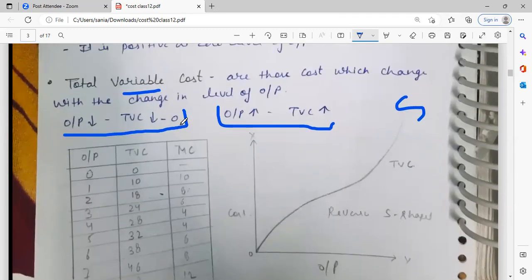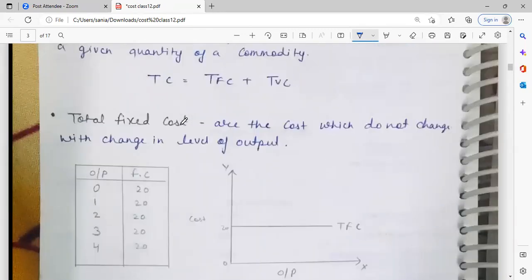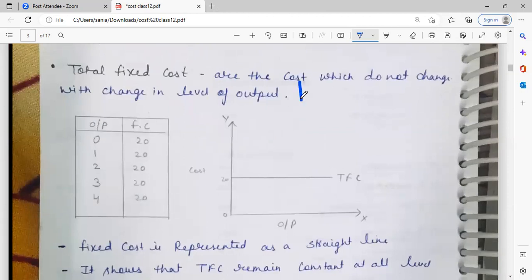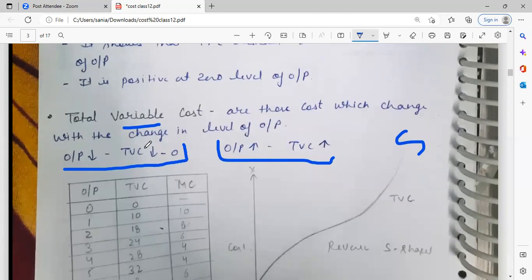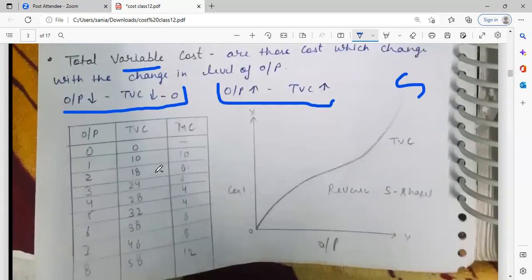Right? So if you want to write, you can write, because we see over here, for every diagram, for total fixed cost, first you wrote what is total fixed cost, then you drew the diagram, then you wrote the relation. Similarly for TVC, you wrote the definition, then you did this table and all that, then the shape part, and then this.